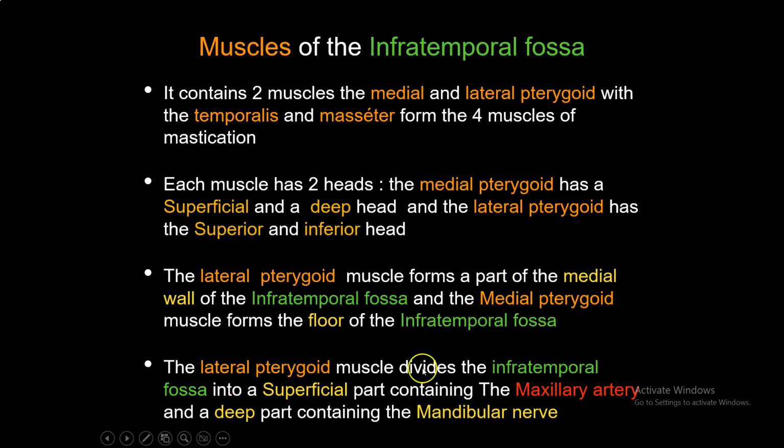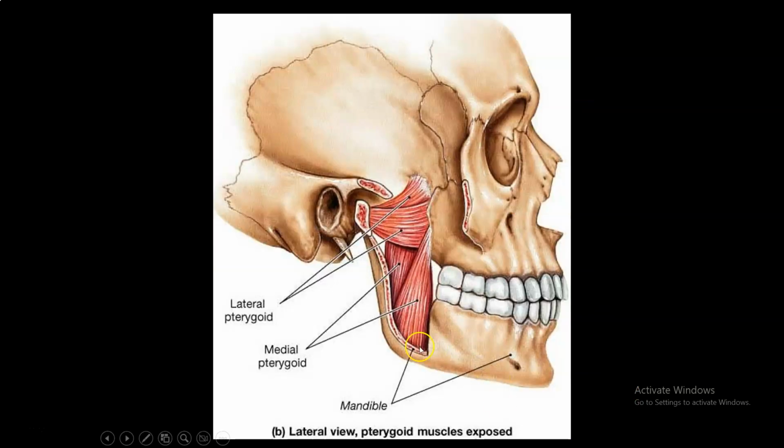And as we said before, the lateral pterygoid divides the infratemporal fossa into a superficial part containing the maxillary artery and a deep part containing the mandibular nerve in most of the cases. So here, this is the outer pterygoid or the lateral pterygoid muscle, and here is the medial pterygoid muscle.